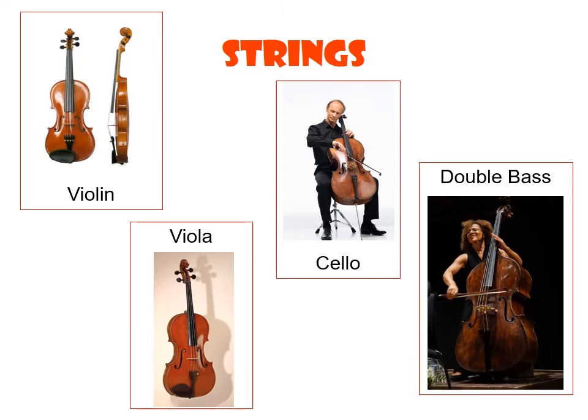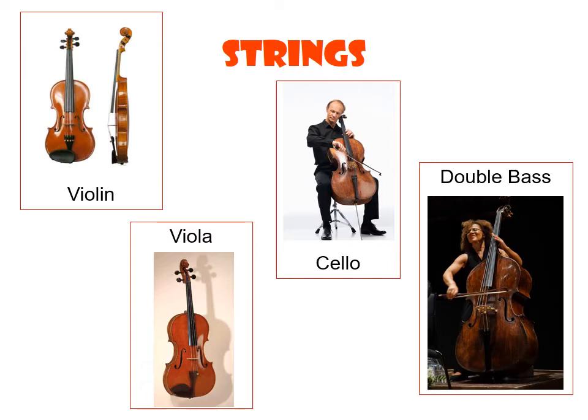Next is the cello. The cello is so big that the musician has to put it between his or her legs to play it. And finally the double bass, which is so big that the musician either needs to stand to play it or sometimes perches on a cocktail stool. This is the lowest of the four instruments, and you can see it also has the longest strings.